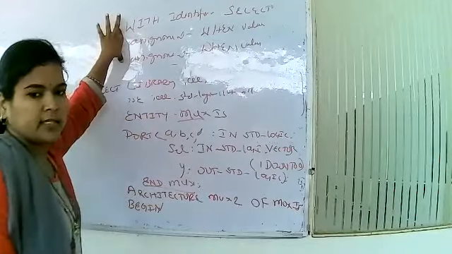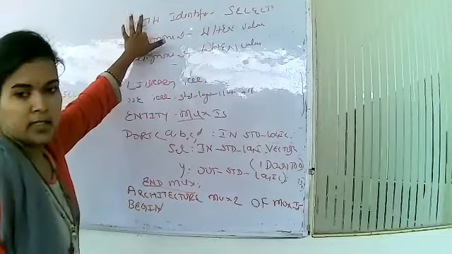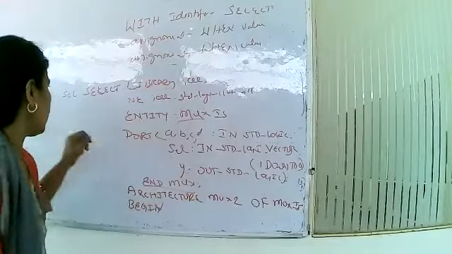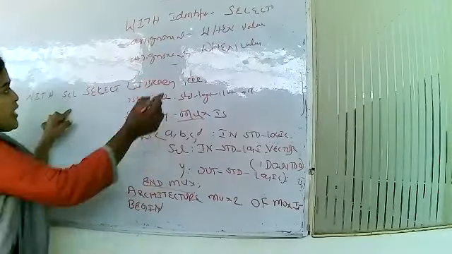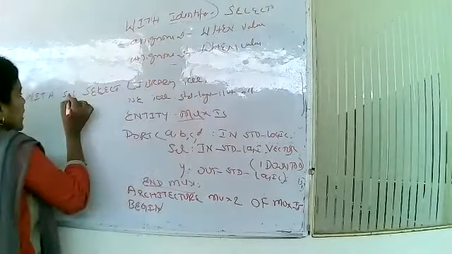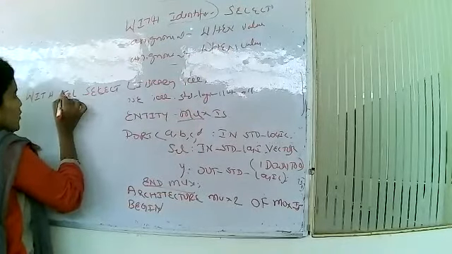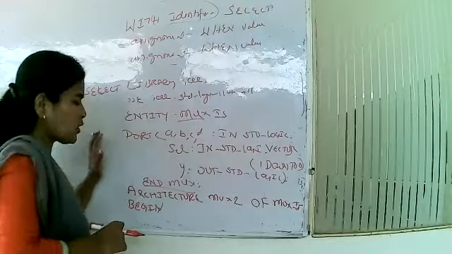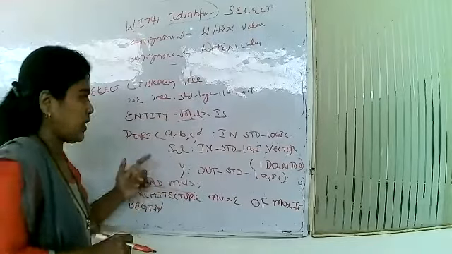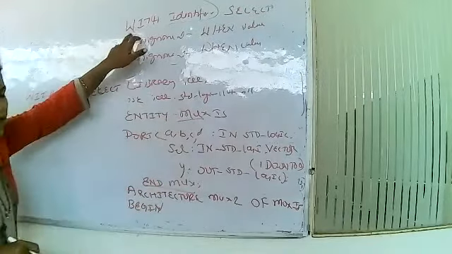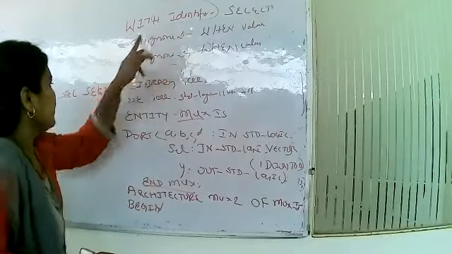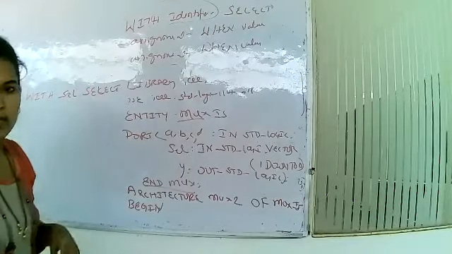For that there is a syntax: with identifier select. With as it is, select as it is, but the identifier is s. If you are writing a program, it depends on the syntax only.